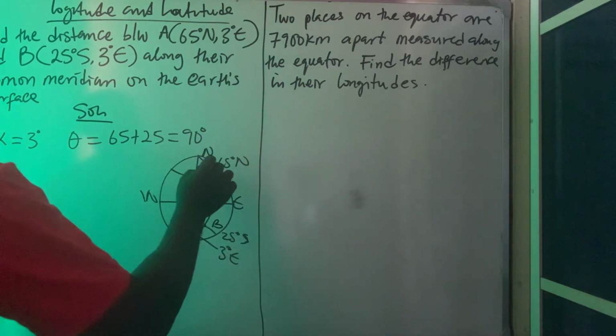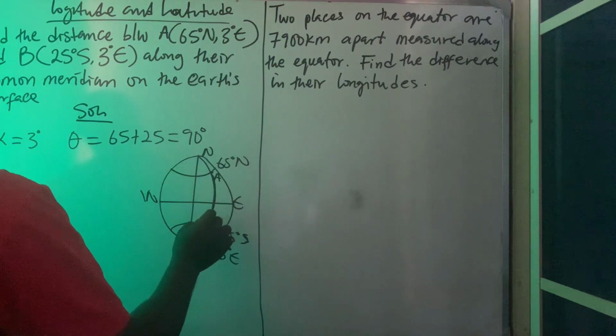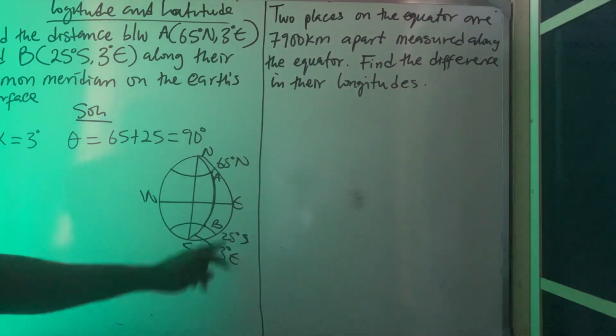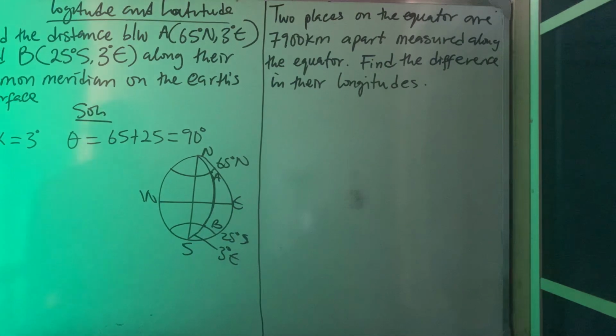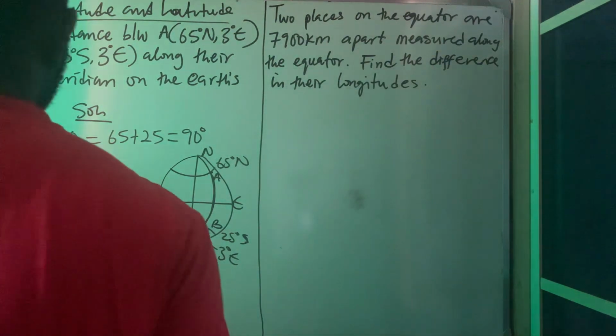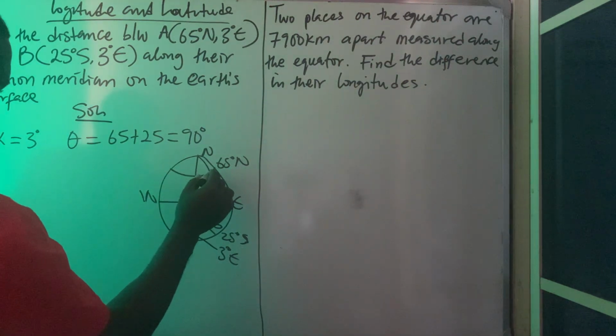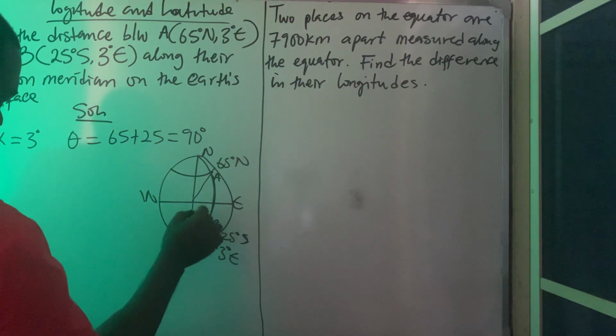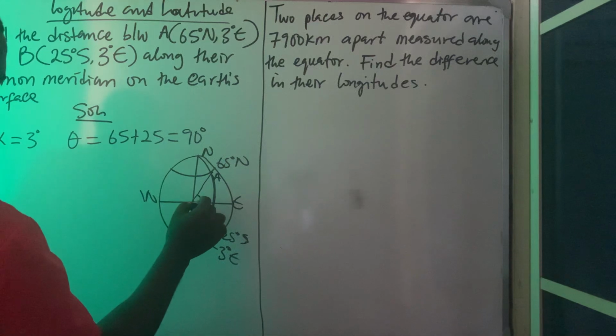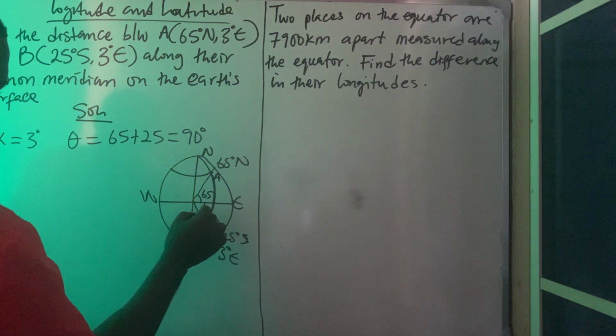So you see that the distance between point A and B is on the longitude. Why? Because they have the same longitude. Once they have the same longitude, then your distance is a distance on a great circle. So if you trace to the middle like this and trace to the middle like this, you can now get that this angle here is the 65, while this angle here is the 25.